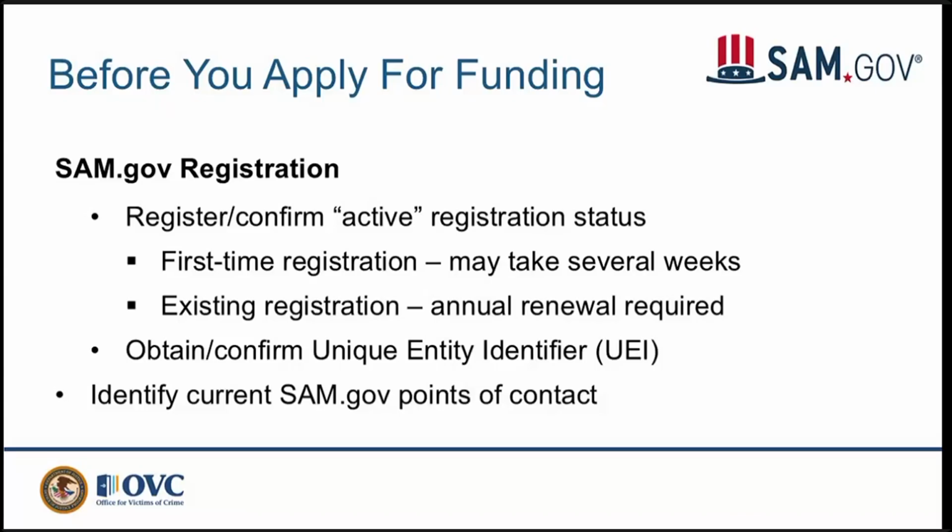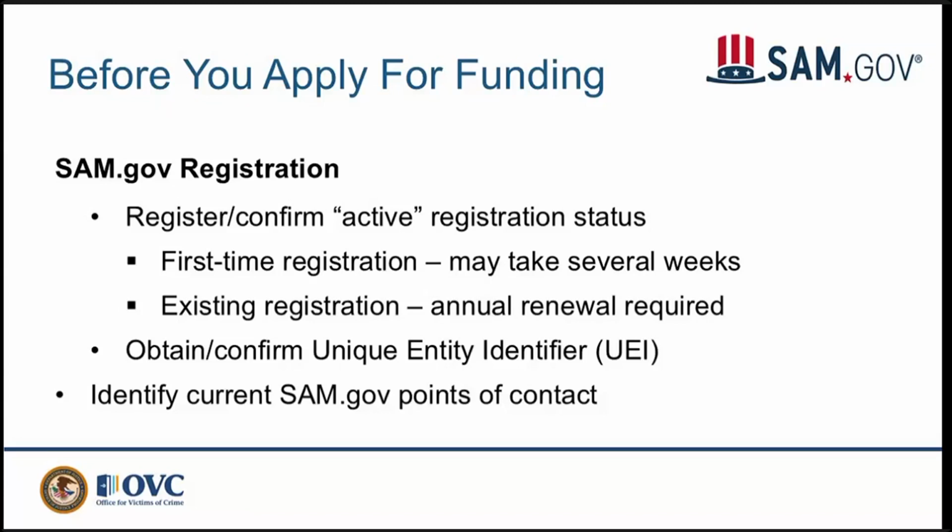Now, before you apply for funding, your entity must register with SAM.gov and obtain a unique entity identifier, also known as a UEI. You must maintain an active SAM.gov registration status at all times. For entities new to SAM.gov, the registration process can take time, so start early to be sure that your status reaches active before you need to submit a funding application.